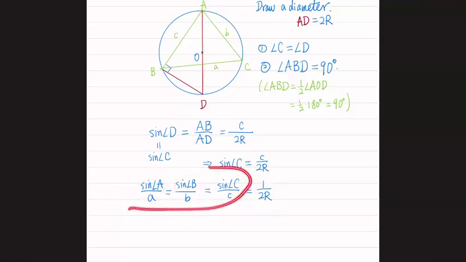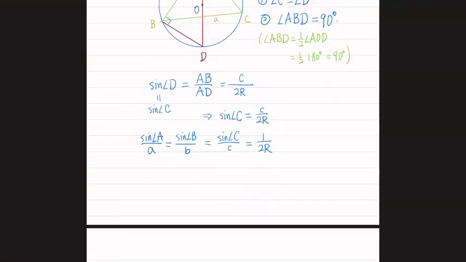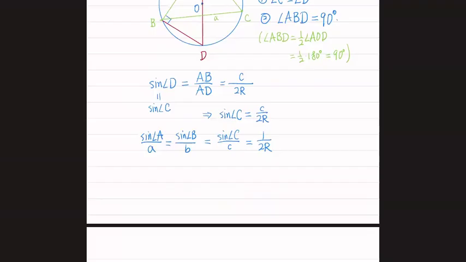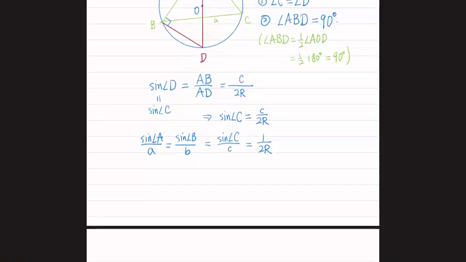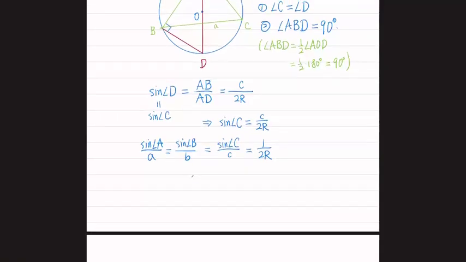We know not only that they are the same, but we also know what they are. So this is useful, because it can give us formulas for the radius. Let's take the reciprocal. The reciprocal gives us 2r.